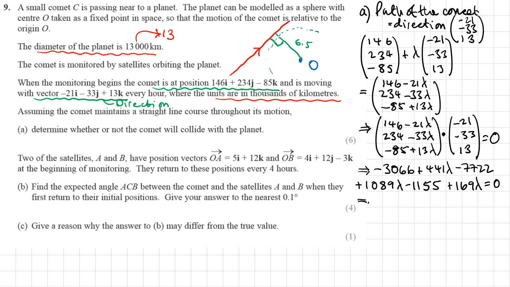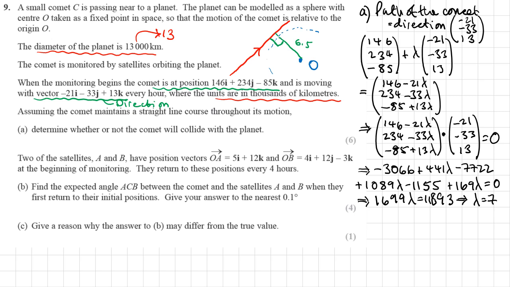So I can simplify all of that and get 1699 lambda is equal to 11,893, and that will give me lambda is equal to 7.